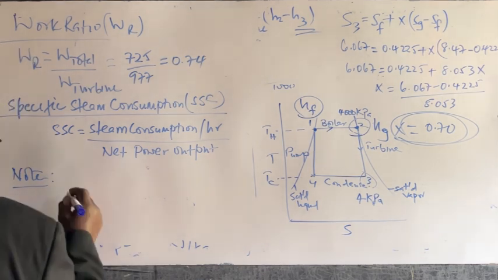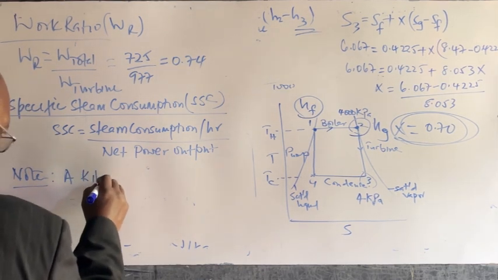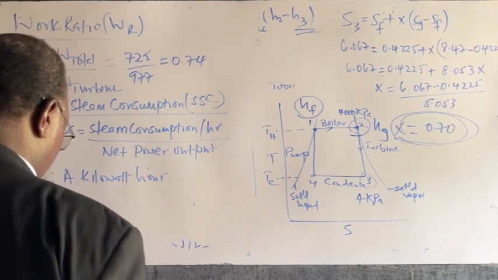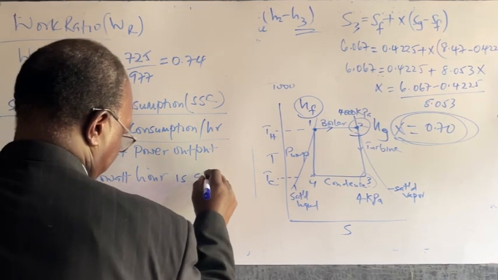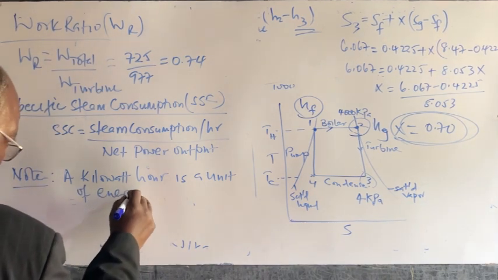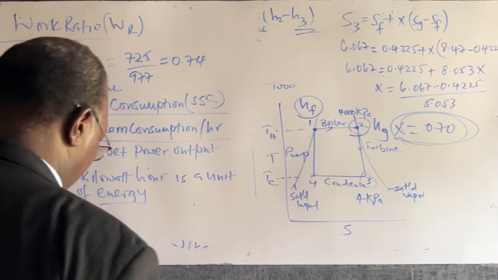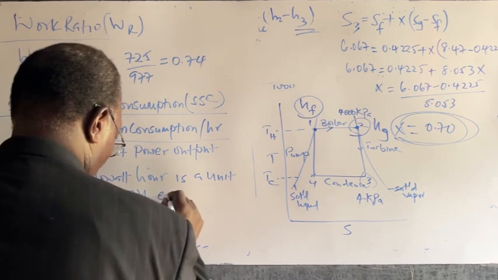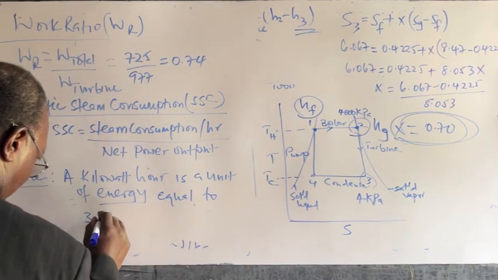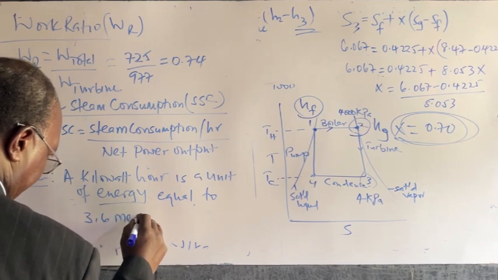A kilowatt hour is a unit of energy, equal to 3.6 megajoules.